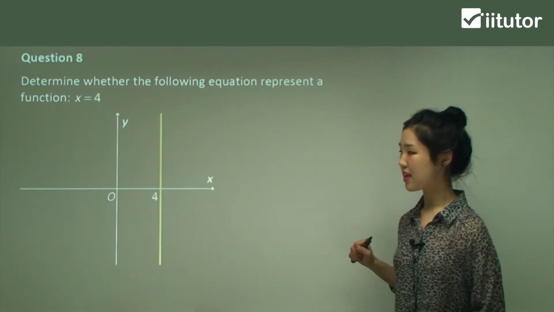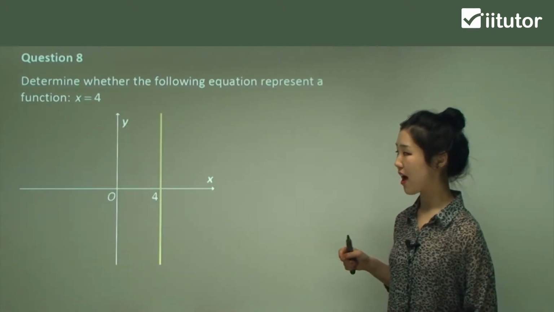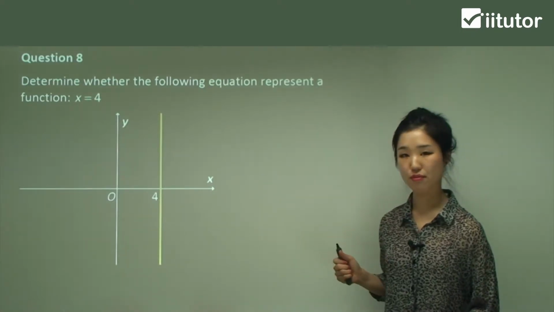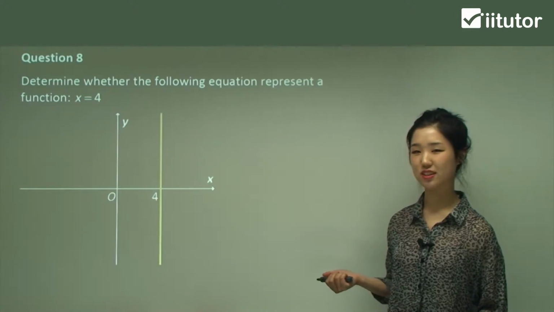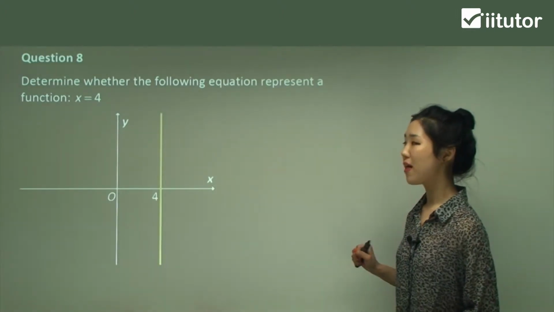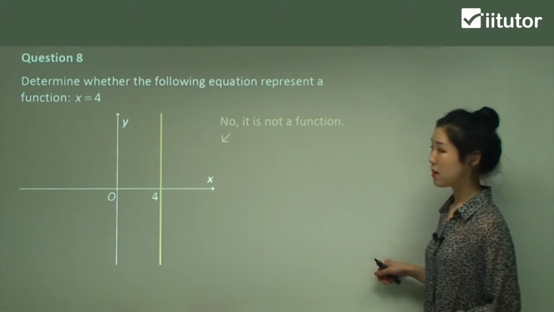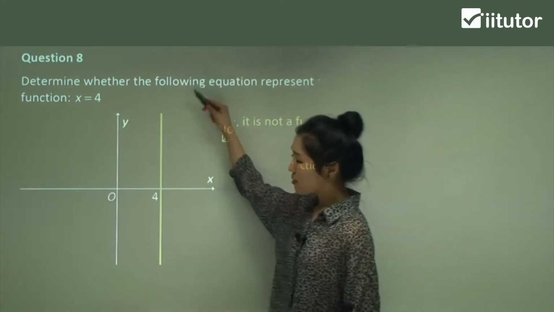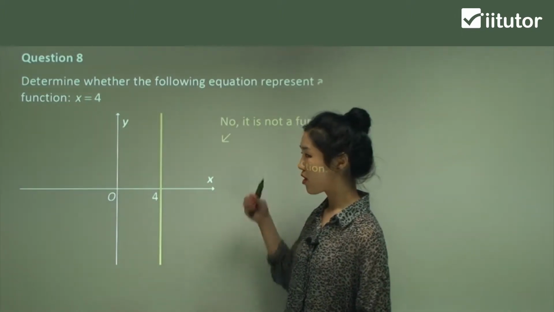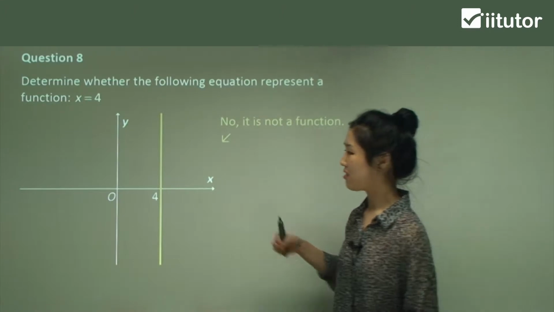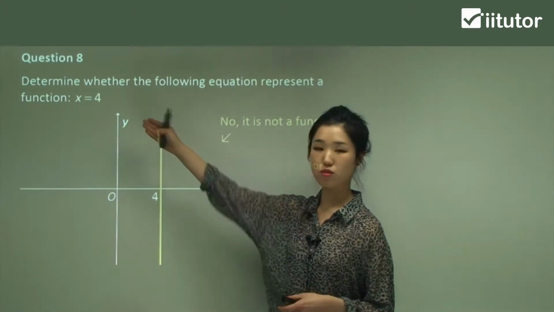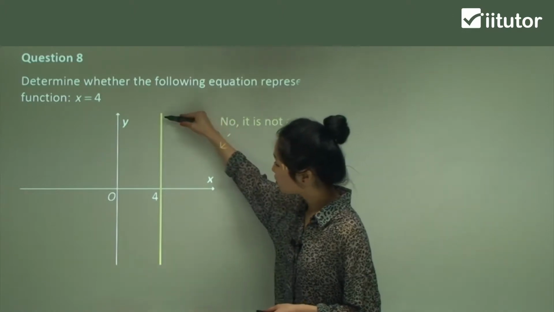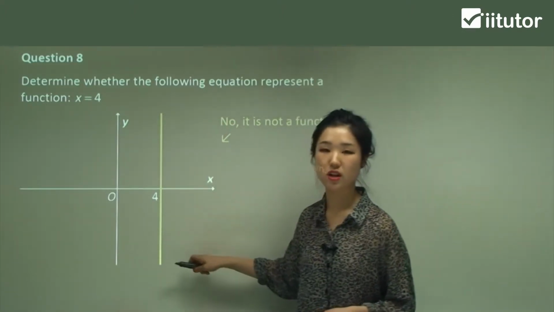Now guys, what do you think here? I drew my vertical line and it just completely covered the graph. Do you think it's going to be a function or not? How many intersections does it have? Well, I can tell you that it's not a function because the vertical line test line that I just drew on top, the yellow line that overlaps the x equals 4 graph, touches the graph an infinite number of times.